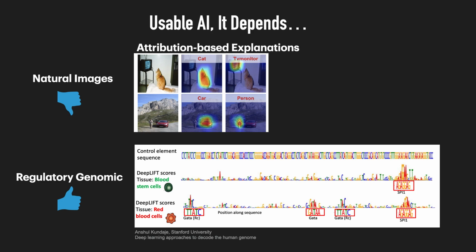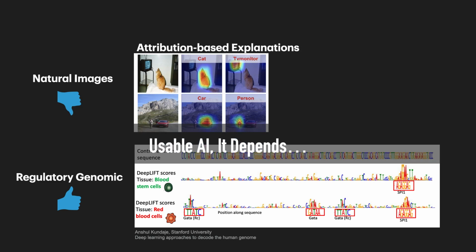These two examples do not mean that explanations are not usable. While attribution-based explanations are criticized for the classification of natural images, it is actually a very useful technique in regulatory genomics, by identifying related genomic locations and helping users decode the genome functions.